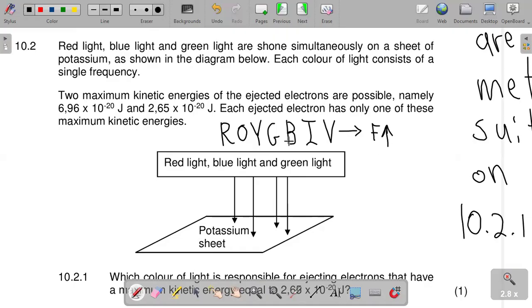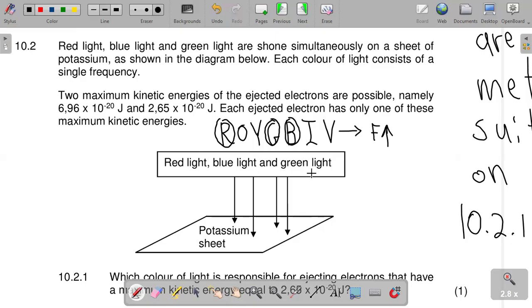So what we can see here is that green is bigger than yellow and is also bigger than red. So in this case, we have red, and we have green and we have blue, meaning blue has the highest frequency of all of them.